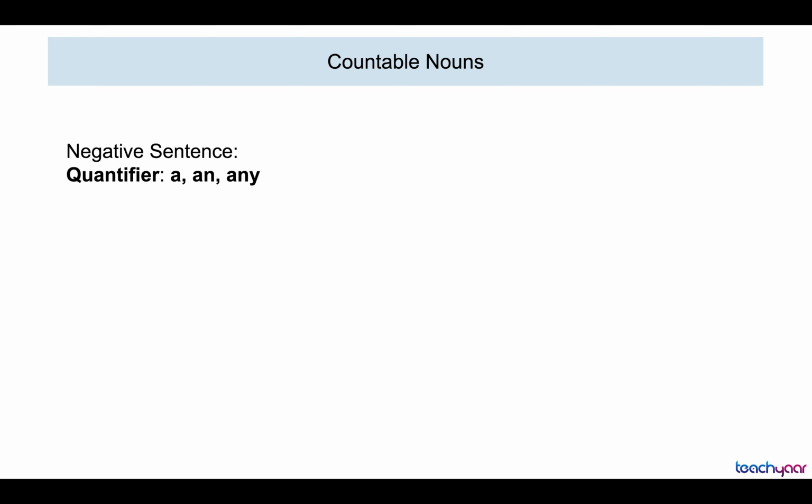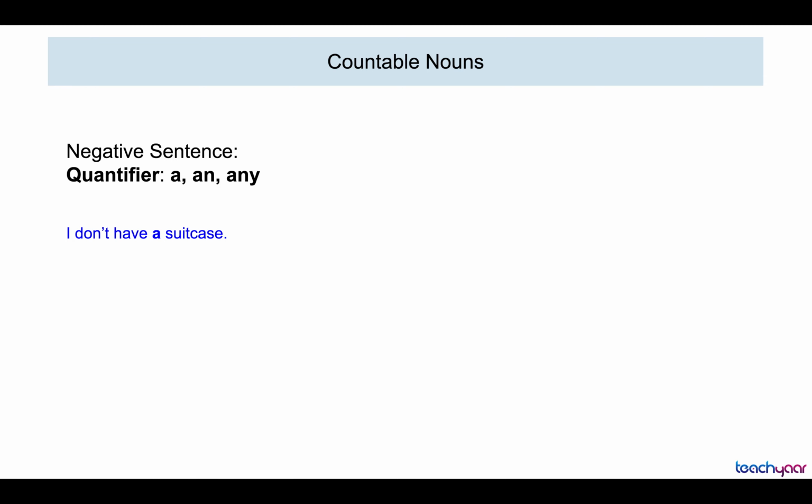So in such a case, when the sentence is negative, the quantifiers used in the case of singular nouns are a or an and any. Let's use them in sentences. I don't have a suitcase. Now you can see the negative here, I don't, I do not.